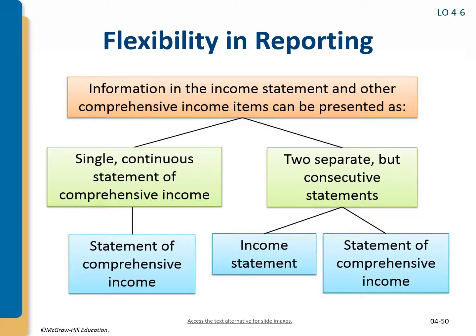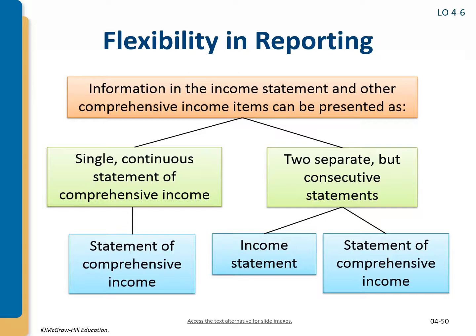Now here's our flexibility. We always show our income statement. Now you can make one big income statement and comprehensive income statement. So you would have your income statement, and right after it, you would have net income, then you would add or subtract your items that are considered other comprehensive income to finish off your statement of comprehensive income.